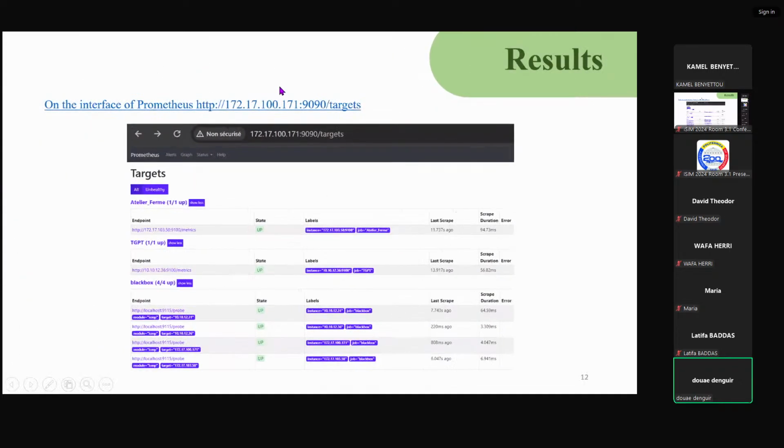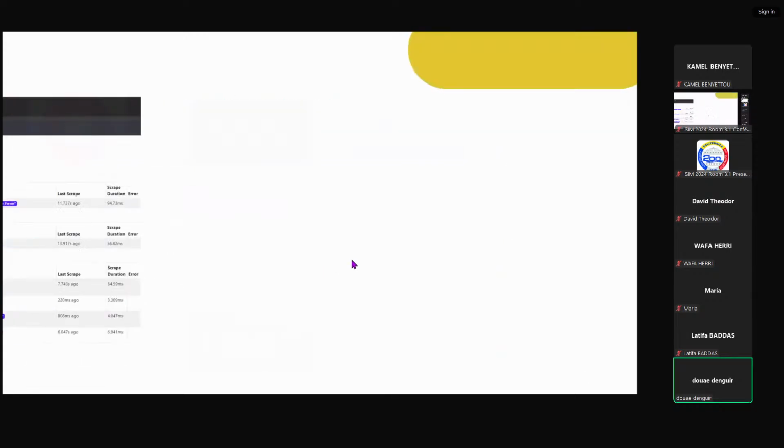And then here are some results. For example, here we have the different LoRa gateways. For this LoRa gateway, the state is up. That means it is connected to the internet and the network.